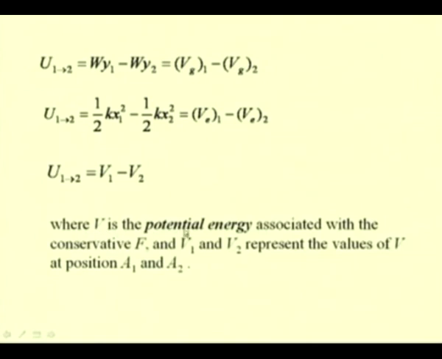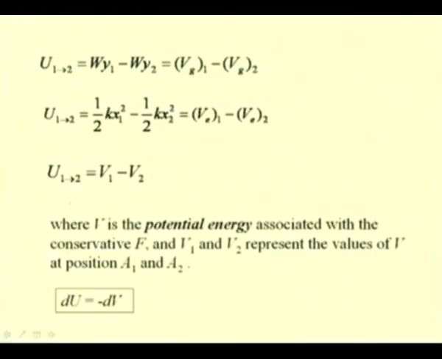This V is the potential energy associated with the conservative force, and V1 and V2 represent the values of this potential energy for the positions, say, A1 and A2. This is true for both the conservative forces, that is weight, and the conservative elastic force.